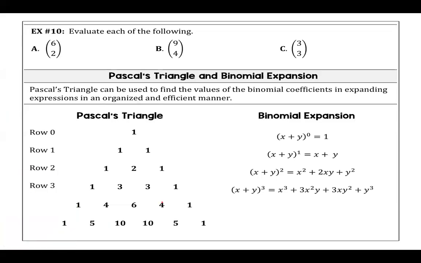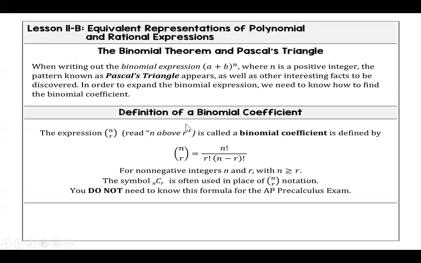All right, so up first. Here we have our first binomial, and it says 6 above 2. So n above r, okay?